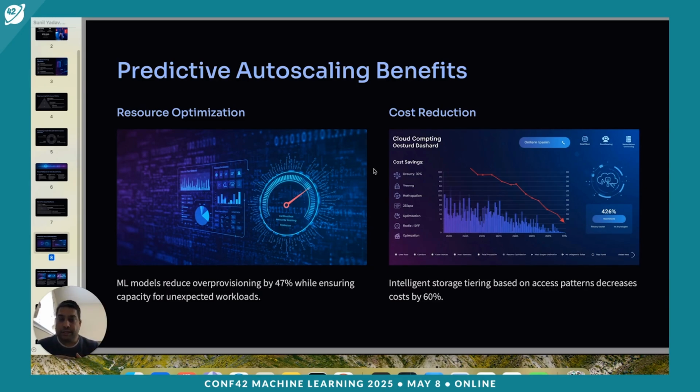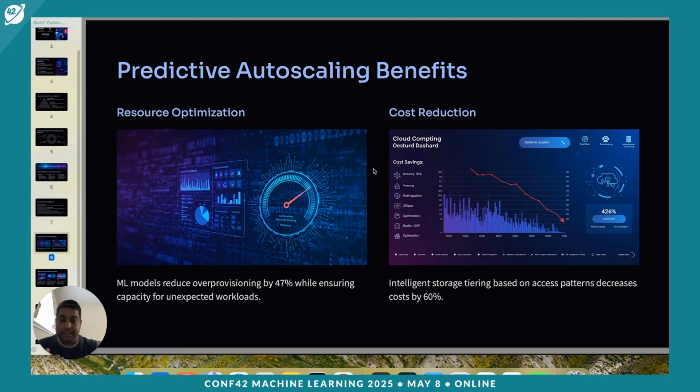Second is cost reduction. So everything has a value, right? When we do auto scaling, it's per CPU, per memory. Any cloud organization will charge accordingly if predictive auto scaling or downscaling is not done. So by using machine learning, we can reduce the cost depending on the predictive workload.